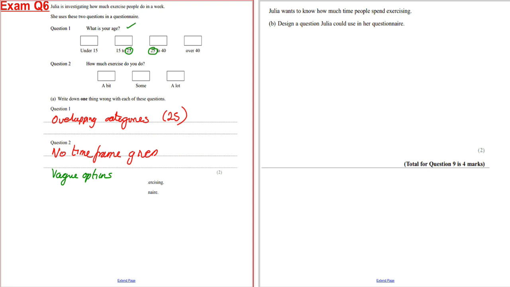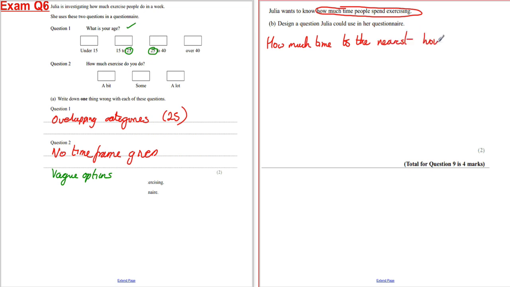A bit, some, a lot. What does that mean? So Julia wants to know how much time people spend doing exercise. Create a questionnaire. So this one, we just care about how much time people spend exercising, not your age this time. So you might write how much time to the nearest hour do you exercise a week?